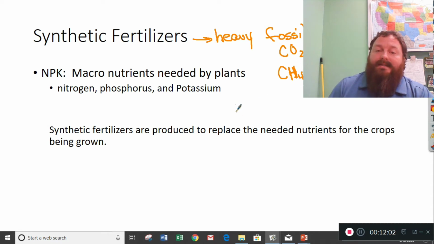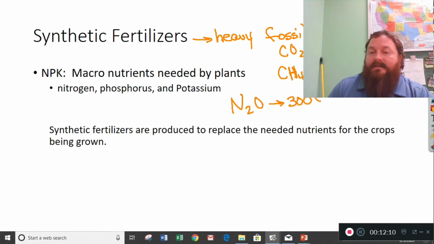But probably the biggest impact of these synthetic fertilizers is the nitrous oxide production that happens. That nitrous oxide has almost 300 times the heat holding capacity of carbon dioxide. So when we look at it in terms of this, carbon dioxide we know is bad from a heat holding capacity. Methane is about 25 times as bad as carbon dioxide, and nitrous oxide is about 300 times.